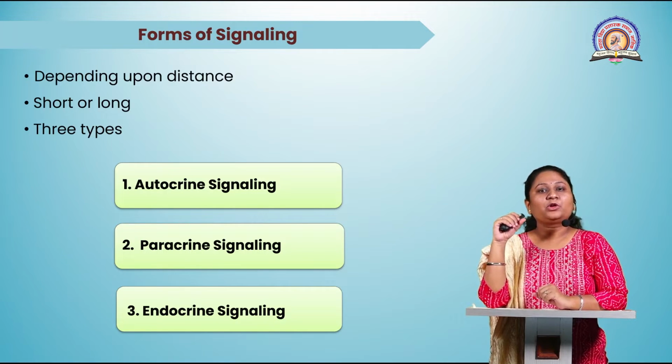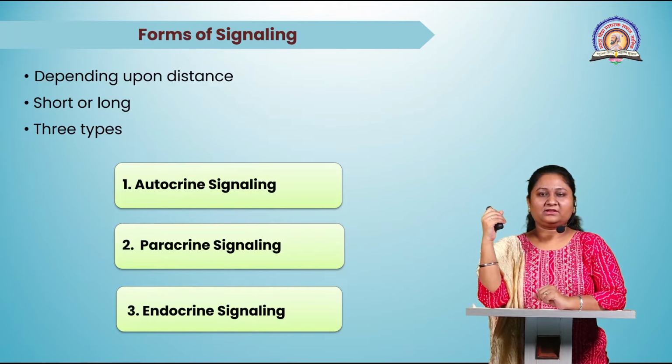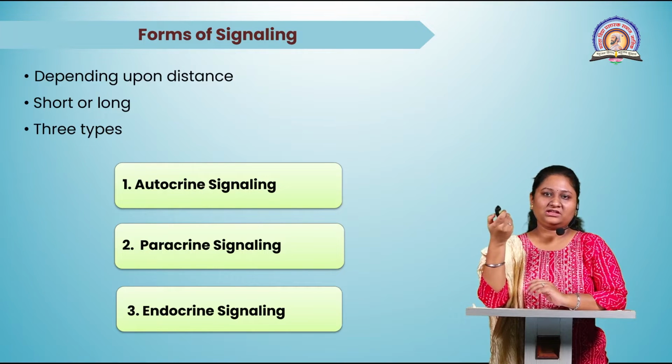So when the signaling molecules are released, where they go and bind depends on where the targeted cell, the cell where the signaling molecule has to bind, is present, whether it is in the near vicinity of the cell which releases the signal or present far away from that cell. There are two types of signaling, that is, short or long distance signaling. So this signaling is divided basically into three forms: autocrine signaling, paracrine signaling and endocrine signaling. Let us discuss each type of signaling in detail.